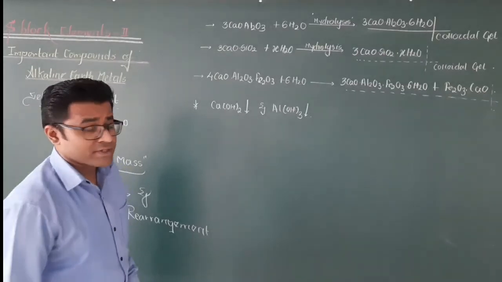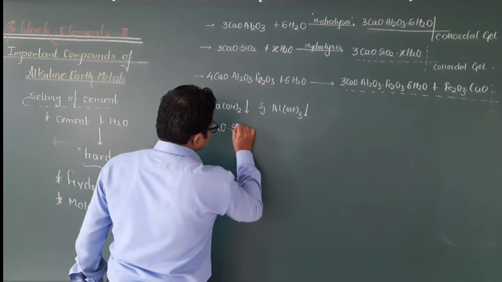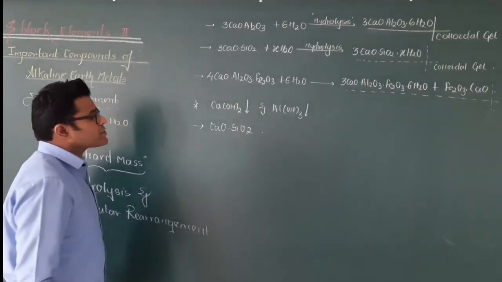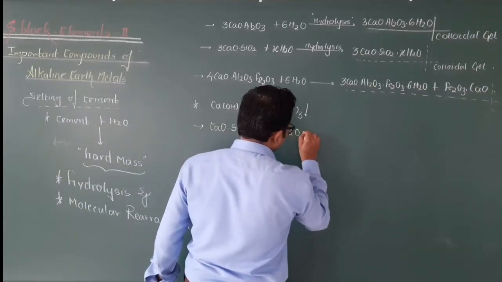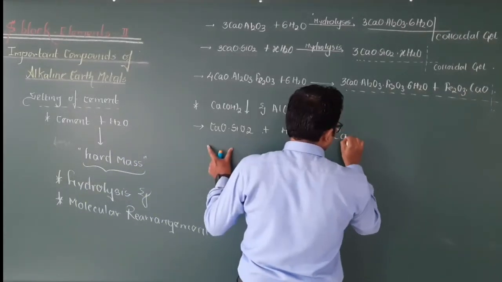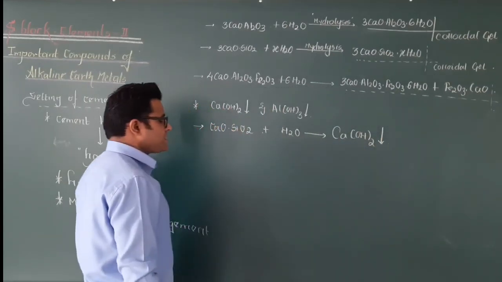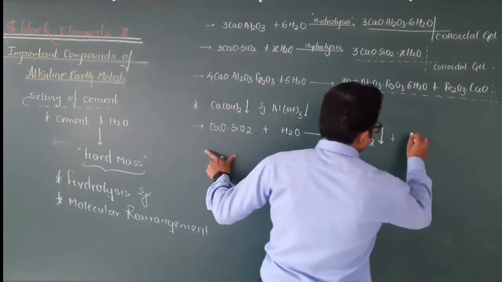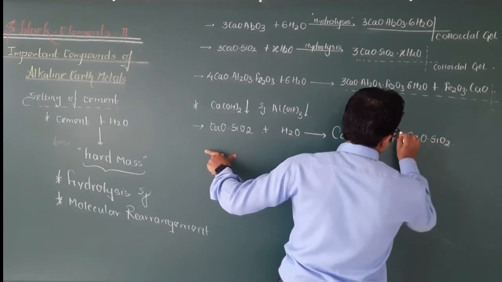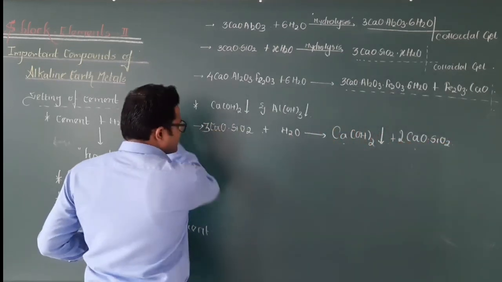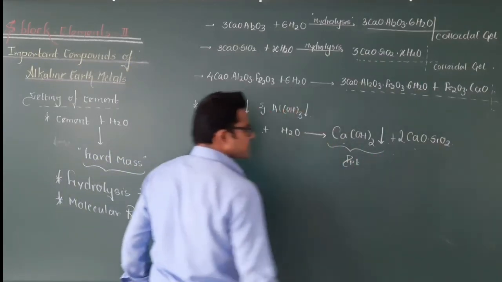Let's observe the reactions now. Taking into consideration calcium silicate, as it starts reacting with water, calcium comes out in the form of calcium hydroxide plus CaO·SiO2. In order to balance it, let's take 3 over here. So it is going to form a precipitate.